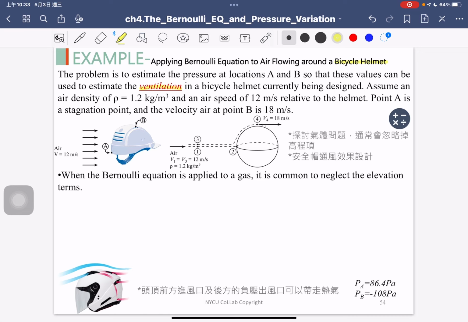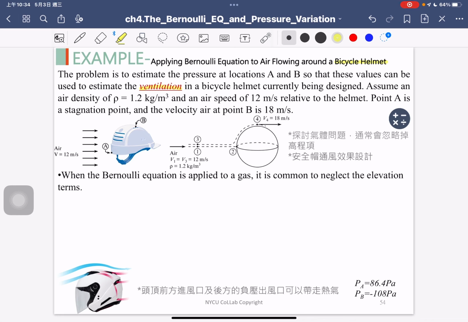And how can we say that the ventilation is good? That depends on whether there is a large pressure difference around the helmet. That indicates the air can flow very rapidly.